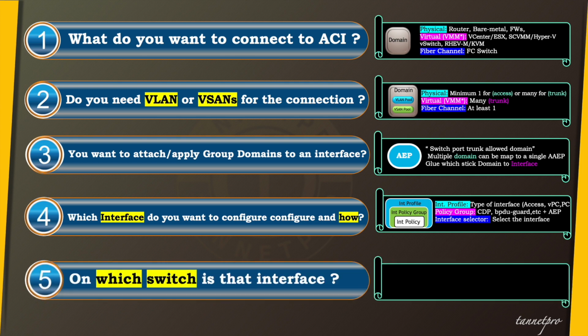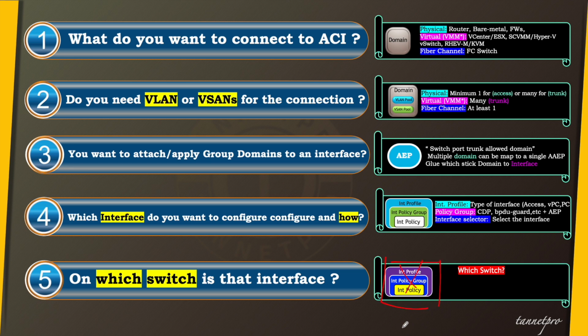And the fifth and last golden question comes to us: on which switch are you going to apply this? To answer this question, we create interface switch policies. Over here it would be a switch policy. Here is a little wrong, don't go through this.